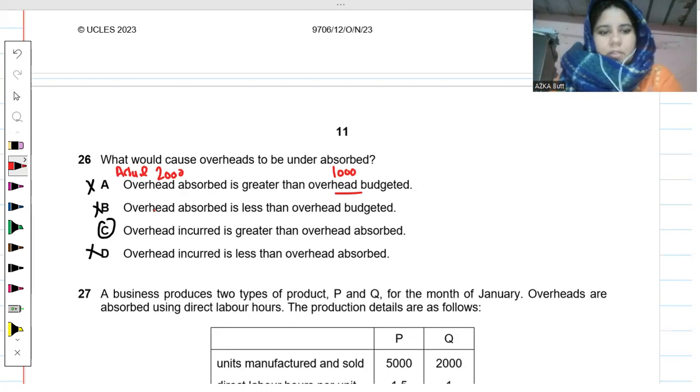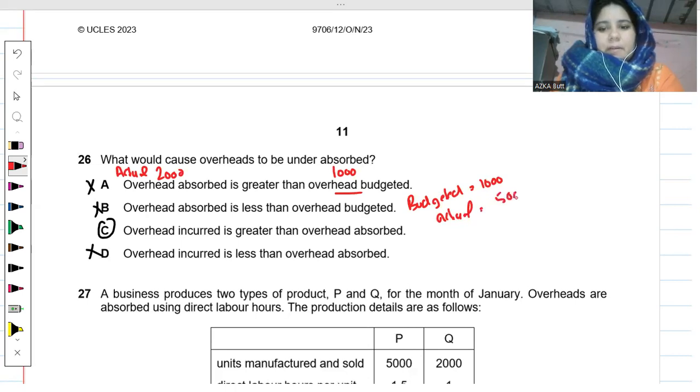And in option B, the examiner is saying that overhead absorbed is less than the overhead budgeted. So what does it mean? If the budgeted overhead is 1,000, and overhead absorbed is less than the budgeted, then the actual may be lesser, maybe 500.